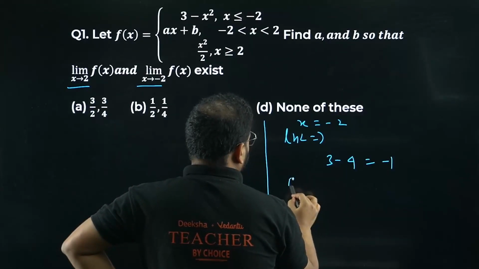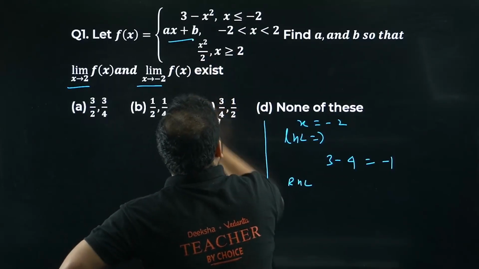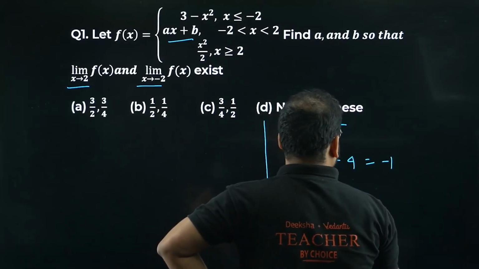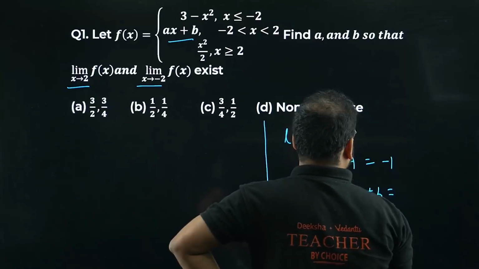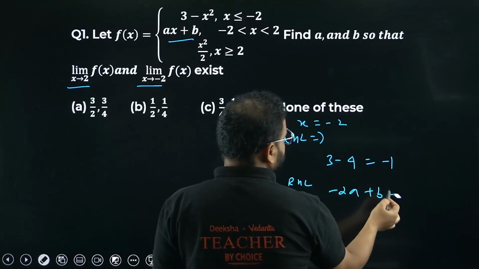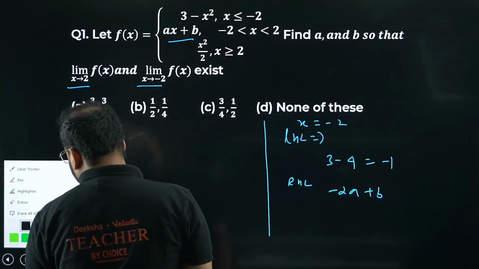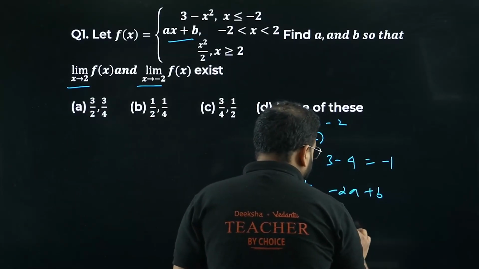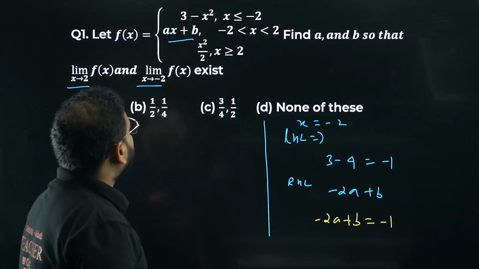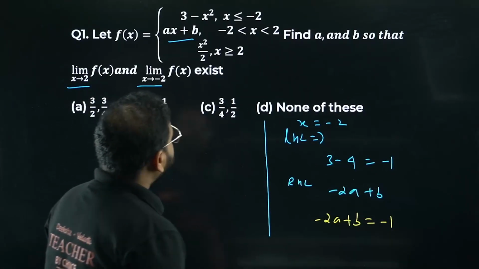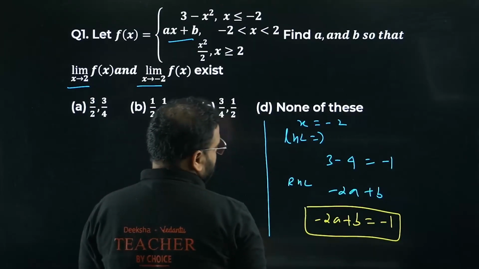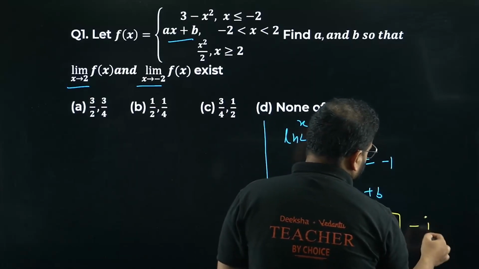For RHL, I'll have this function, so it becomes minus 2a plus b. From the limit definition, if they are equal, minus 2a plus b equals minus 1. This is one of the equations, equation number 1.